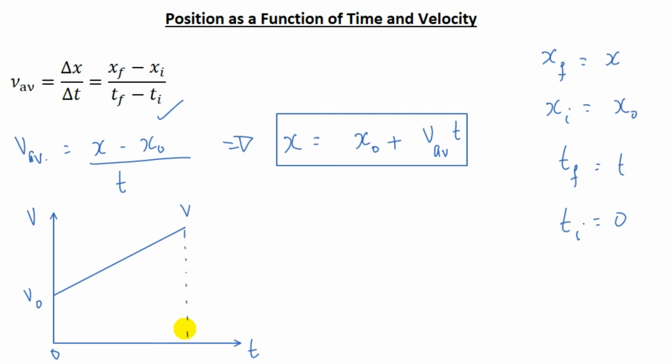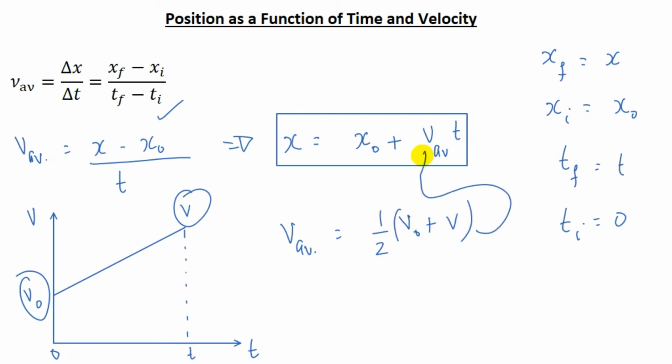The same graph we have studied just now earlier. Now the average velocity in this case would be simply the average of the initial velocity and the final velocity. So initial velocity we have v naught, and final velocity we have v. That would be equal to half of v naught plus v.